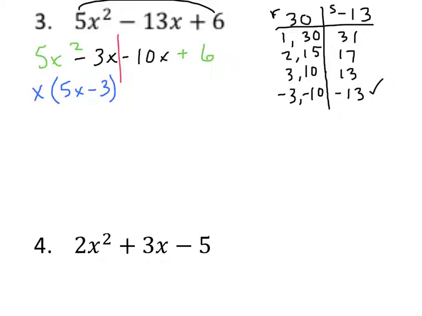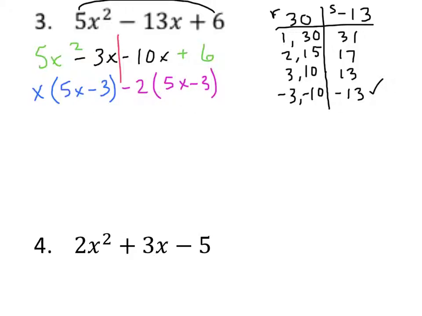When I look at this negative 10x plus 6, the largest thing that they have in common is we'll pull out a negative 2. Now I did a negative 2 because I want this to be 5x minus 3 just like the other one. If I pulled out a positive 2, then it would be negative 5x plus 3.